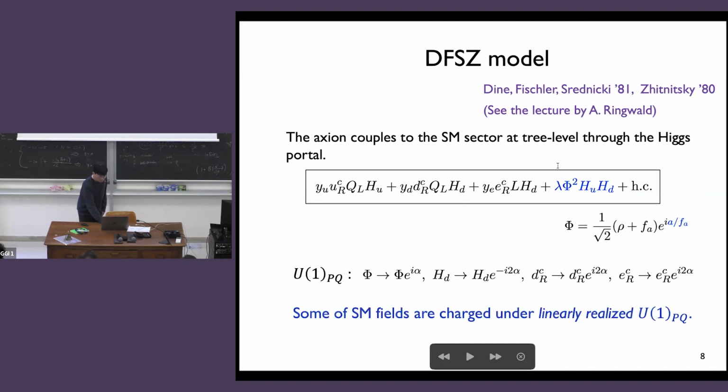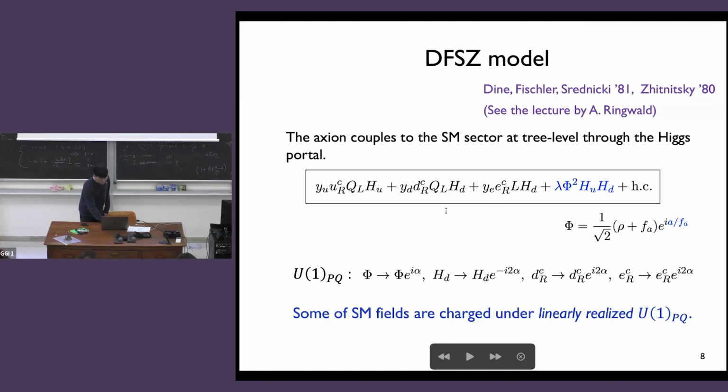So this model is basically based on the two-Higgs-doublet model. And an important feature of this model is that the Higgs field has to be charged under the linearly realized Peccei-Quinn symmetry for this operator to be invariant.